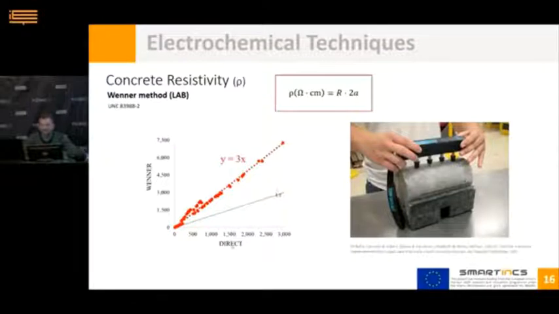Different studies, including some of our own, have shown that the Wenner method provides values about 3 times higher than the direct method. This is recognized and assumed because the advantage of this method is that it is much simpler than the direct one, since there are portable sensors that perform the measurement without the need to place sponges or connect any wire or cable to the rebar.